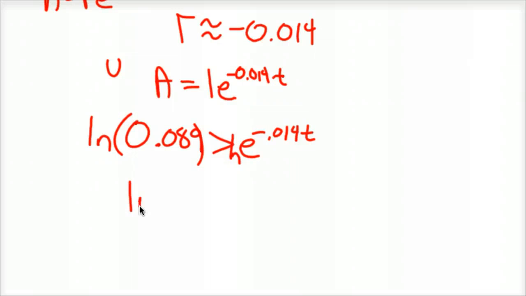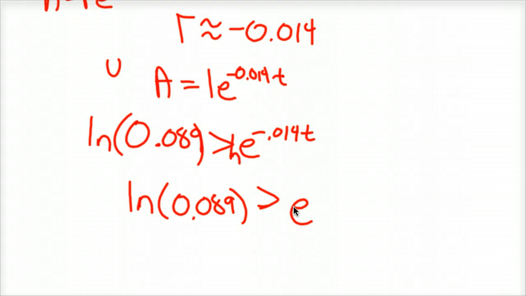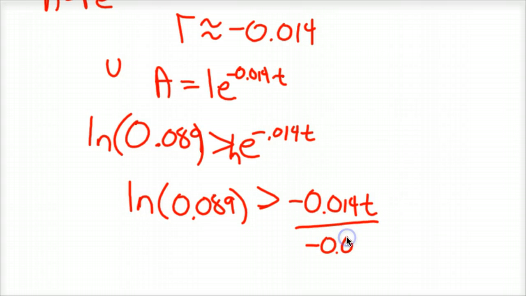And so you'd have natural log of 0.089 is less than e and ln. e and natural log invert each other, and so you're left with negative 0.014t. And then you divide by negative 0.014 on both sides of the equation.